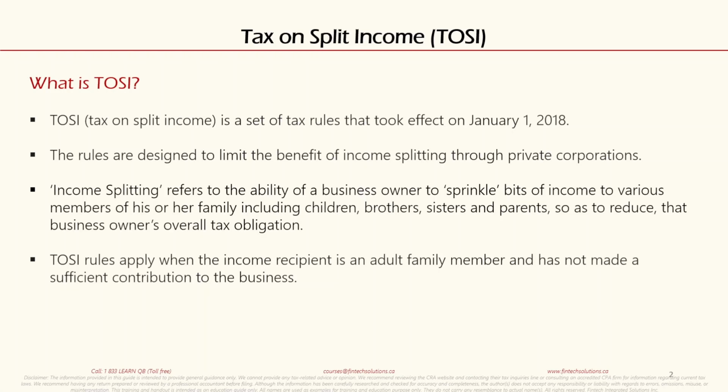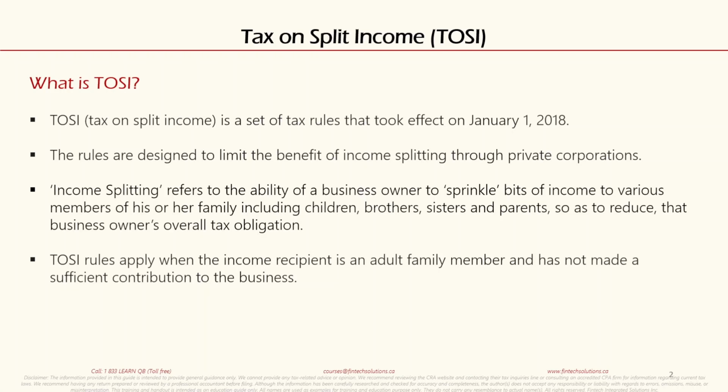TOSI rules apply when the income recipient is an adult family member and has not made a sufficient contribution to the business. So I'm pretty sure you guys have already got a little bit of the gist of what this topic is going to be about, right?